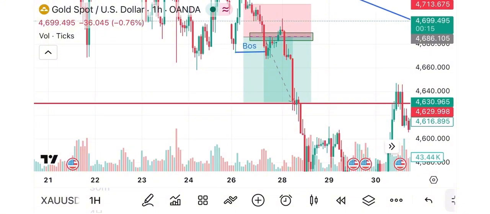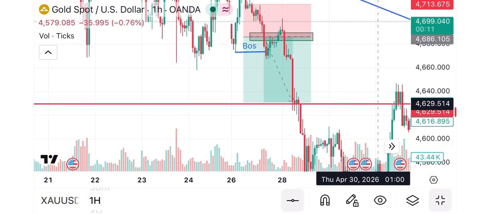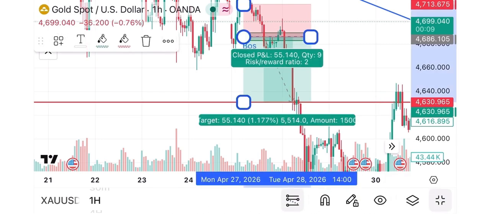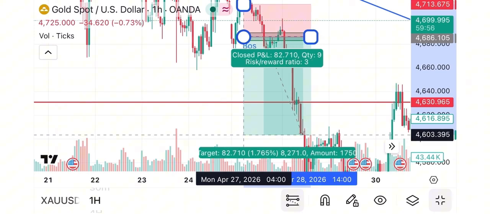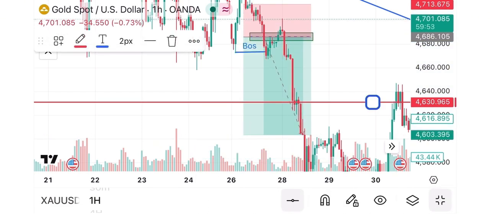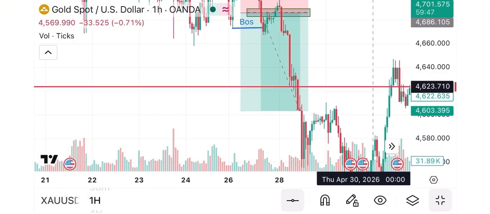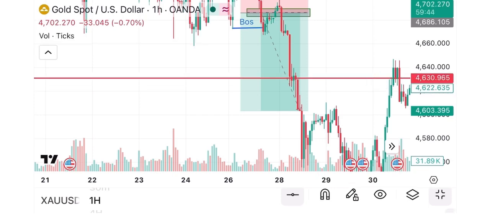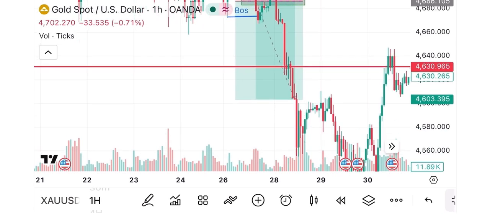When it gets to 1:3, then we'll take our SL either to 1.5 reward or 1:2 reward. This is at 1:2. So when it's at 1:3, what do we do? We take our SL to 1:2, and this is 1:2, this level. So as it's on 1:2, when it got to 1:3, we move this SL down here. So in case price reverses, we are okay with the 1:2 reward.